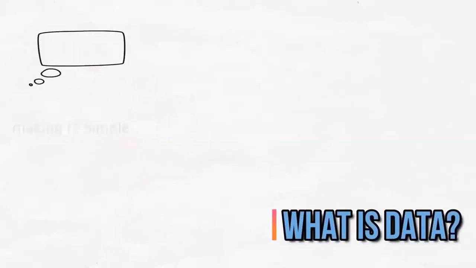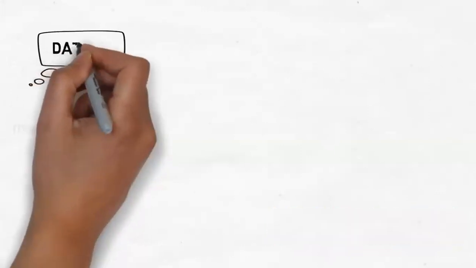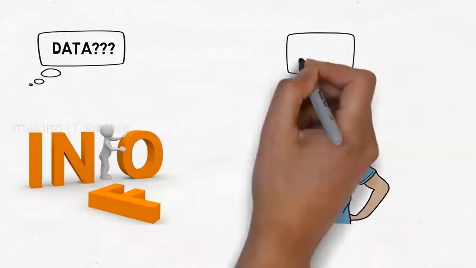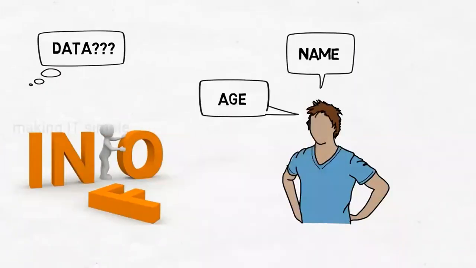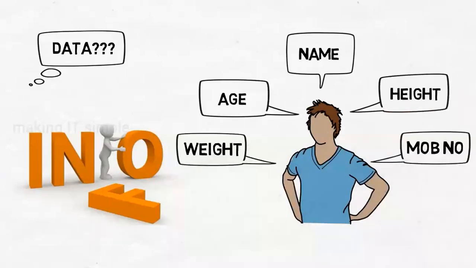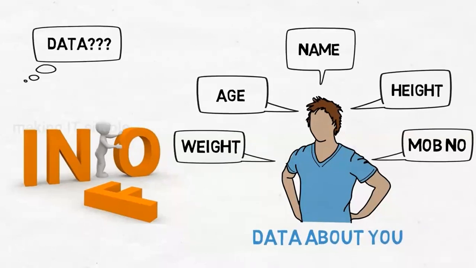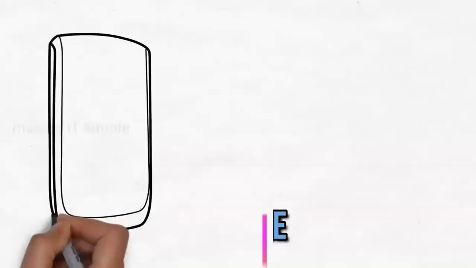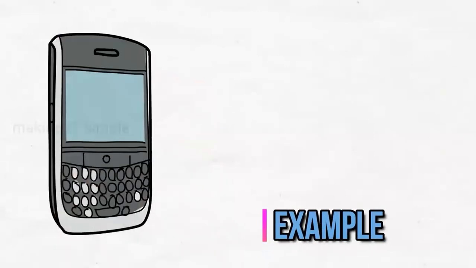Database is about data, so before we see what database is, we will see what is data. Data is simply information about something like, for example, your name, your age, your height, your weight, mobile number, etc. So basically this is information about you. That means this is data about you. Let us consider another example, say mobile.